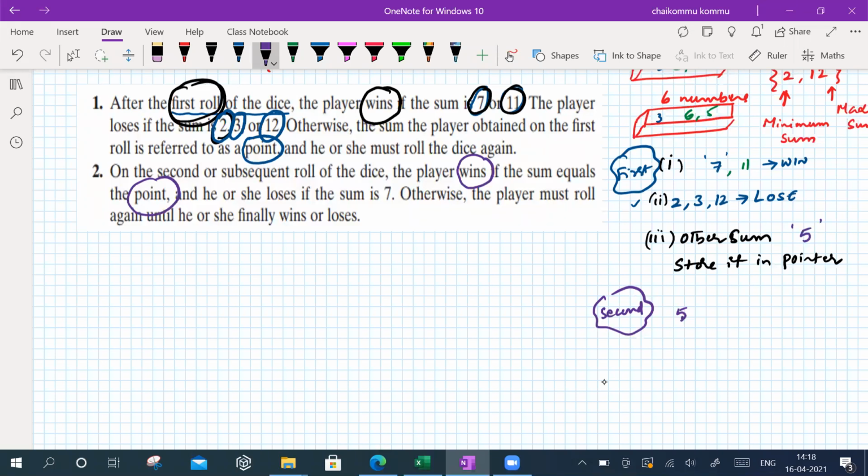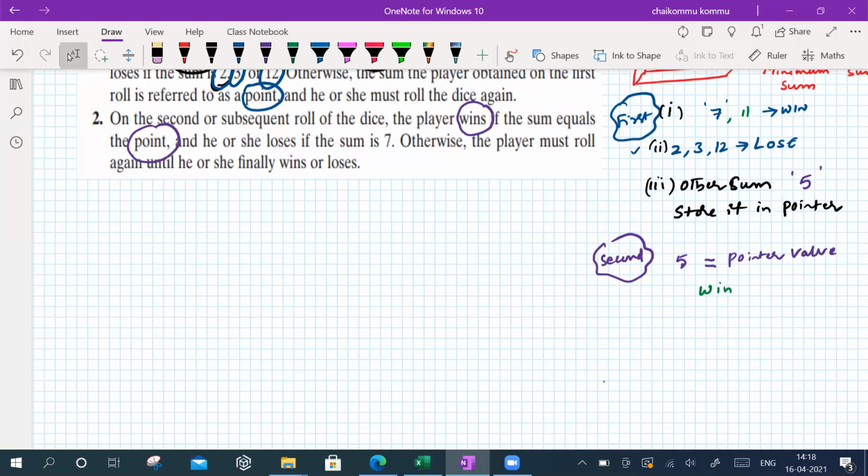Then this 5 value is equal to the point value, the pointer value. If it is equal to the pointer value, then immediately we can say that you win the game. So you will win the game when the value you roll the second time is equal to the pointer value of the first roll.